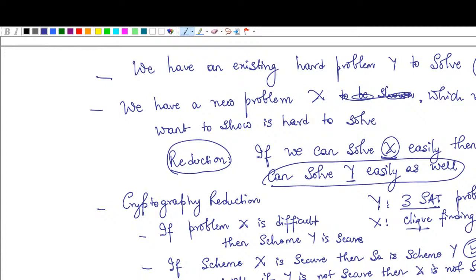And how do we show this through reduction? We show that if there is an attack against Y, then using that attack, we can come up with an attack against X as well.